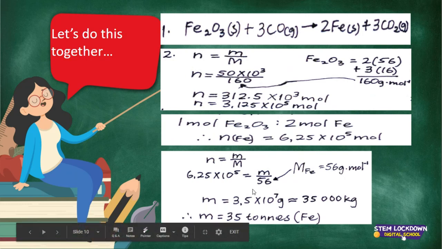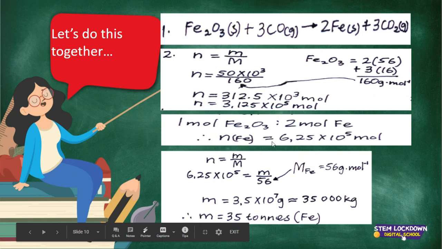So 56 times this gives 3.5 times 10 to the power 7 gram. Remember, this is in grams, so in kilograms it will be 35,000 kilograms. We have to determine this in tons, and 1,000 kilograms equals 1 ton. So it means 35 tons of iron will be produced.